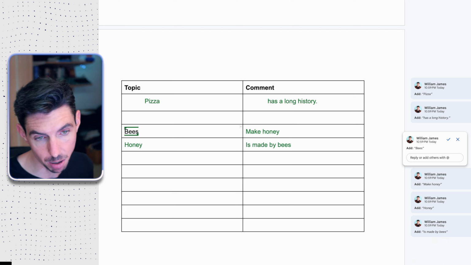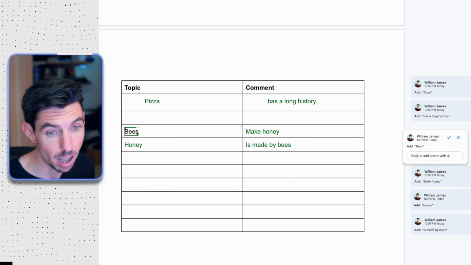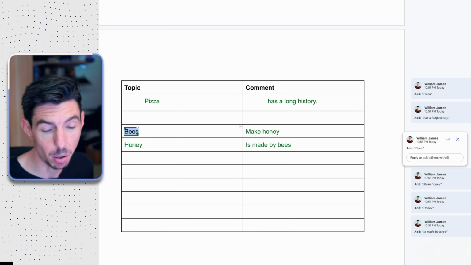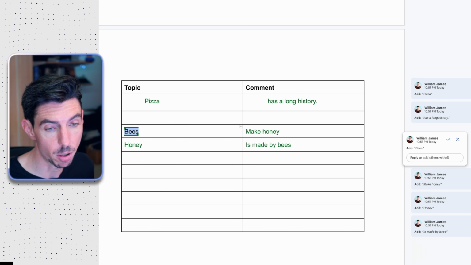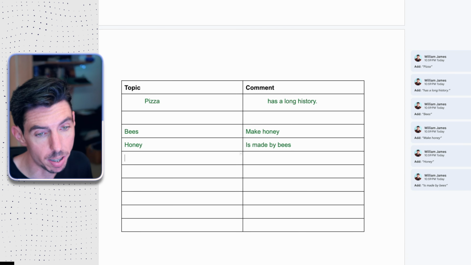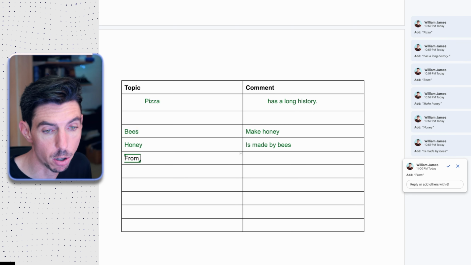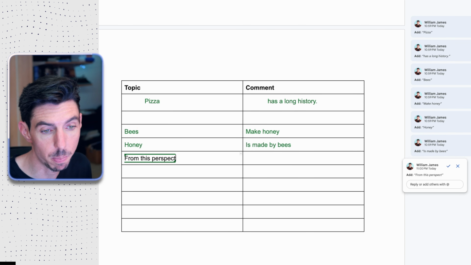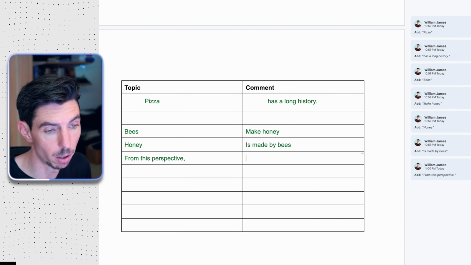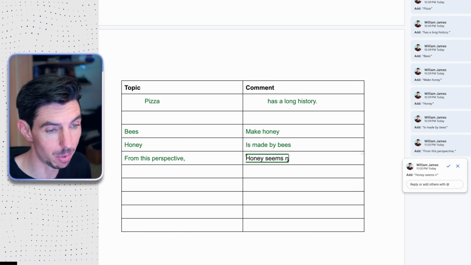And you might notice that these are the grammatical subject, like bees make honey. If you look at subject, verb, object, of course, bees is the subject here and honey is the subject, but the topic is not always the subject. For example, you could have a sentence with a prepositional phrase, from this perspective, honey seems natural.